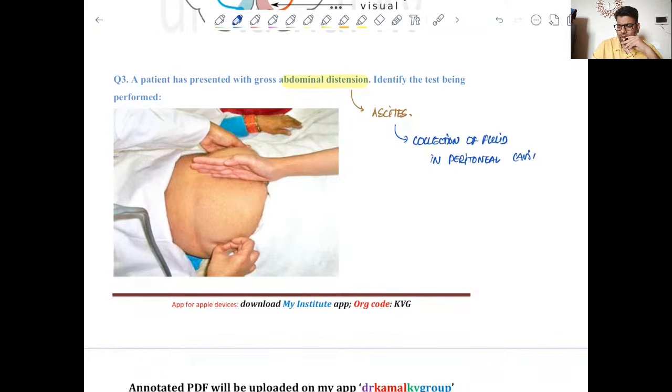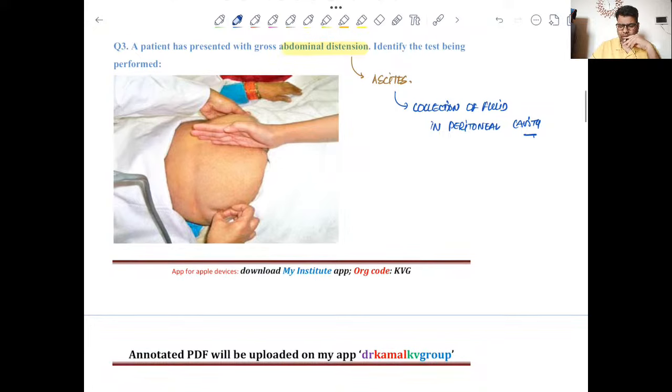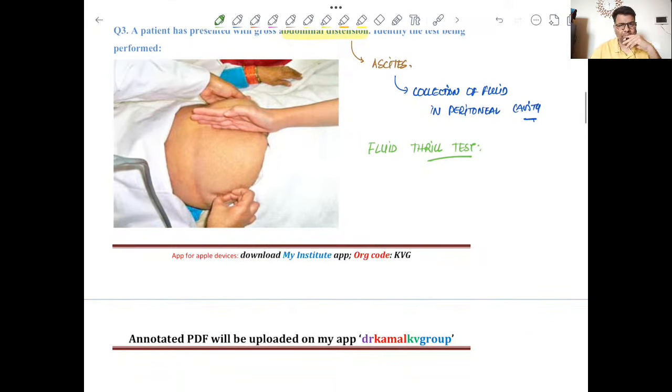Clear? Now I think looking at the image, you can straight away say it's a fluid thrill test, but I'll just explain the basic method.